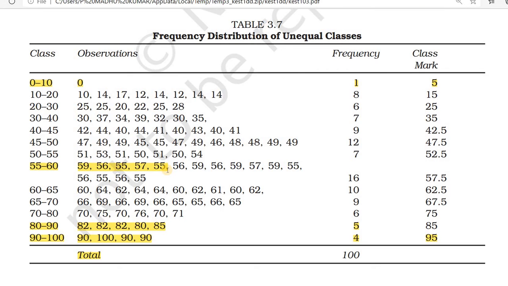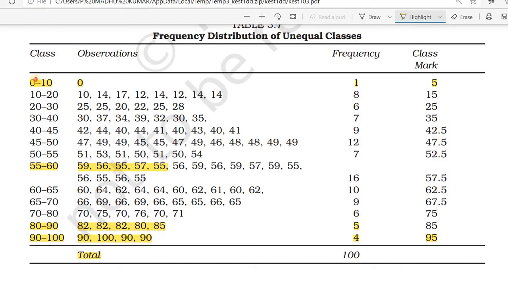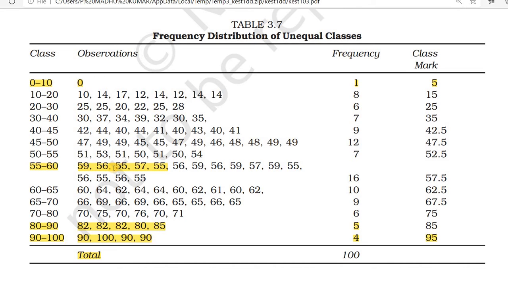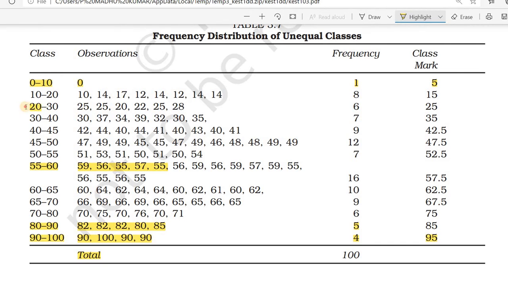Each class in a frequency distribution table is bounded by class limits. Here different classes are there: 0 to 10, 10 to 20, 20 to 30, 30 to 40, 40 to 45. These classes have two ends, the lower limit and the upper limit.